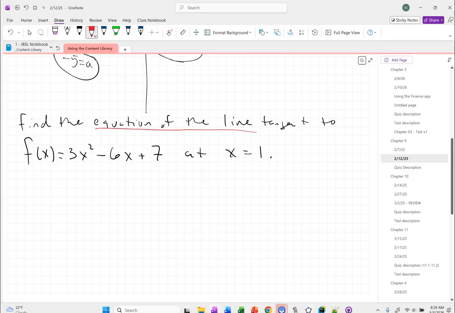If I want the equation of a line, what information am I going to need? There's 3 different sets of information I could have: slope and the y-intercept, 2 points, or a slope and any point, right? We're going to shoot for slope and a point.